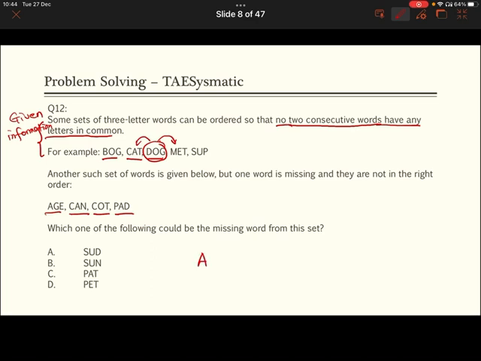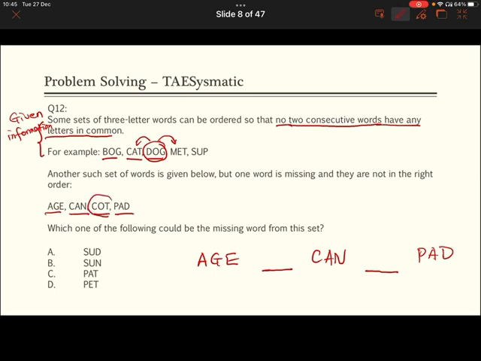So firstly, AGE should have somebody in the middle, then CAN, and then somebody in the middle, then PAD. Definitely, that is one thing we can make sure of. We need 2 words to put in the middle of these 3 words because they already have the letter A in common, right? So now we're only missing 1.